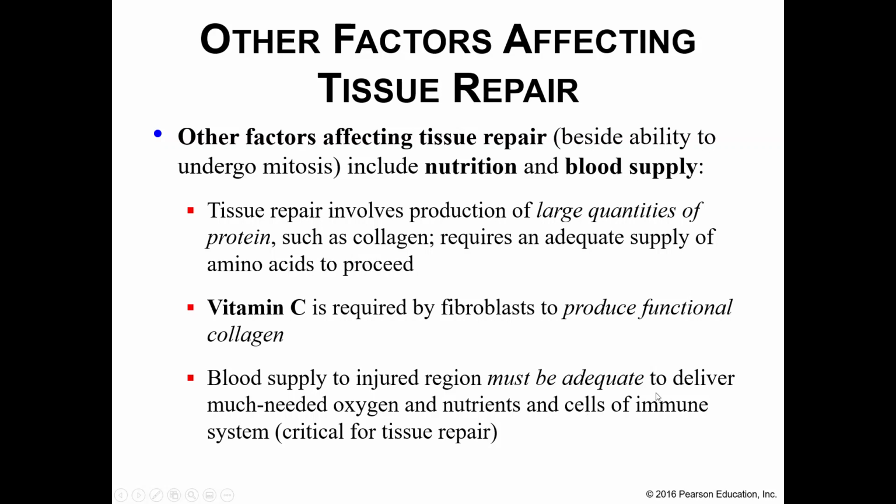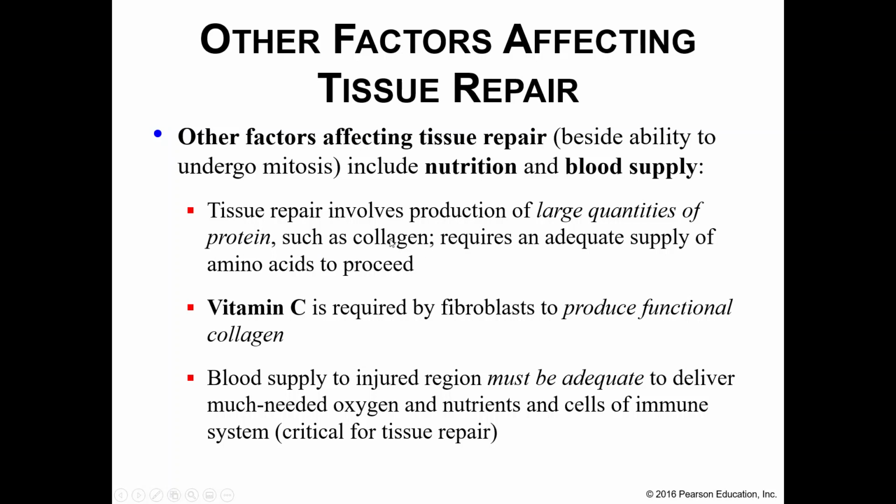Other things that affect your ability to do tissue repair: we've mentioned blood supply over and over and over. The better blood supply that you have increases your opportunity to transport all of the supplies that you need to do tissue repair. Also your nutrition, and that's something that we don't necessarily think about off the top of our head, but you need a lot of protein to do tissue repair, because all of the collagen fibers, that's all protein.